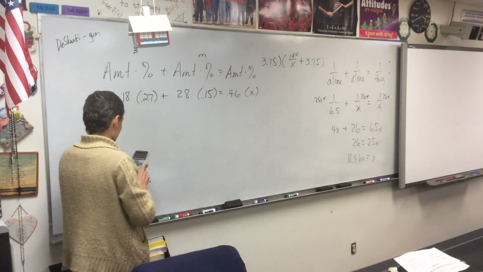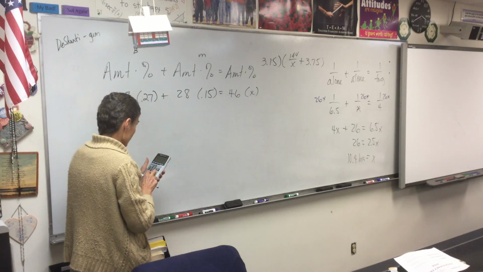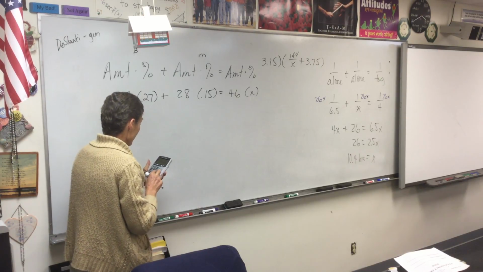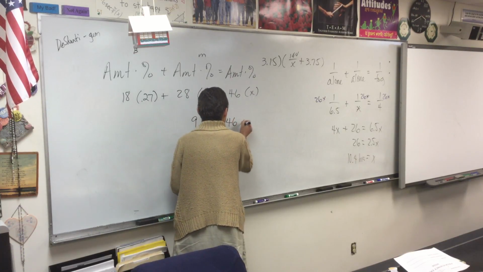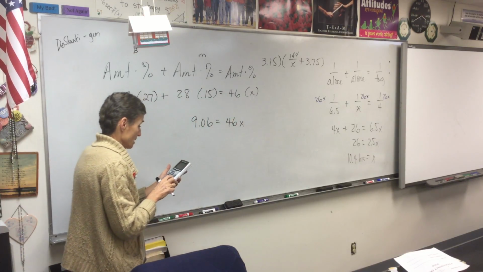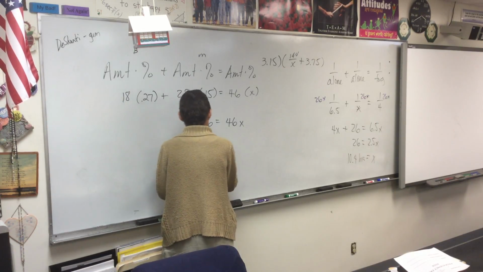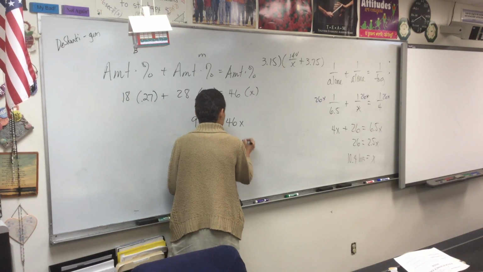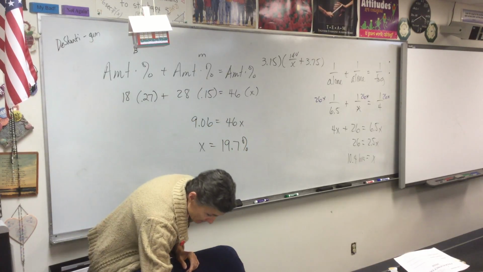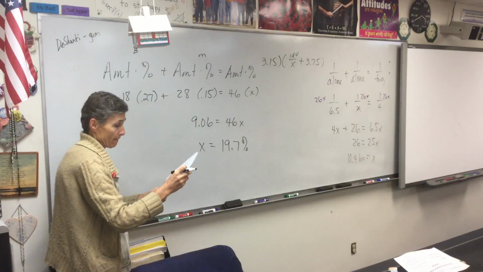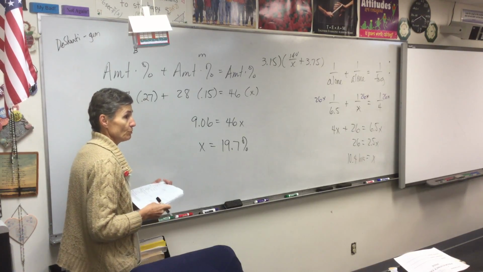Okay, so what does this equal? 18 times 0.27 plus 28 times 0.15 is 9.06 divided by 46. I get about 19.7%. It says, what is the percentage? I would say 19.7, would you? Is that what you got?